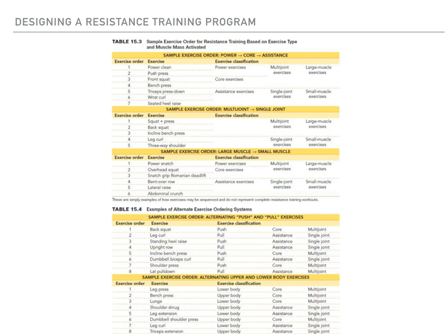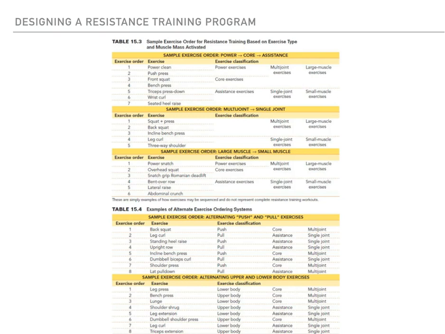Taking a look at Table 15.3, let's look specifically at the very first portion that you see, which lists exercises 1 through 7. The exercises that we see here are power cleans, push press, front squat, bench press, tricep pressdown, wrist curls, and seated heel raise.